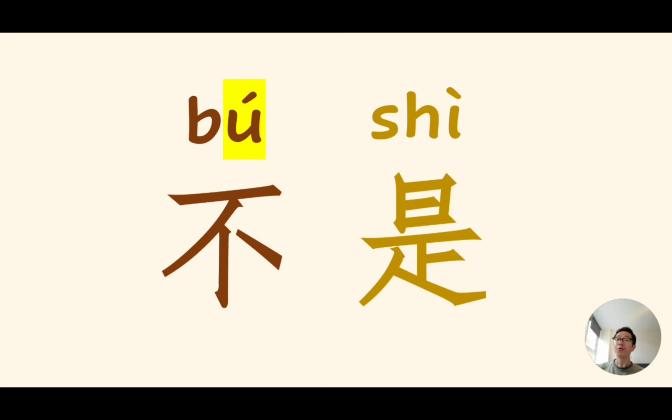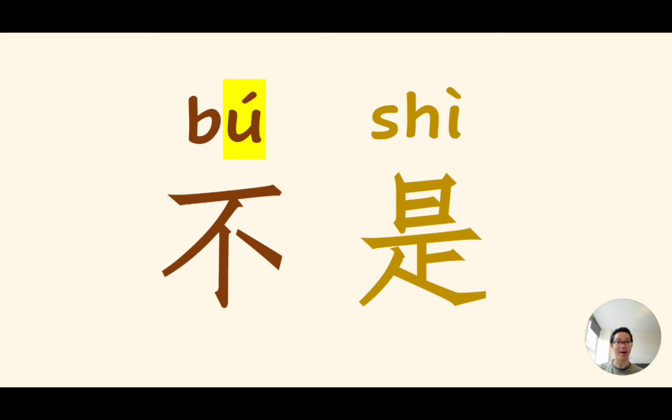Okay? If you fully understand this rule, for example here, the second character is 是. In Chinese, which means am, is, are, was, were, it is a fourth tone. So the adverb 不 has to be changed into second tone.